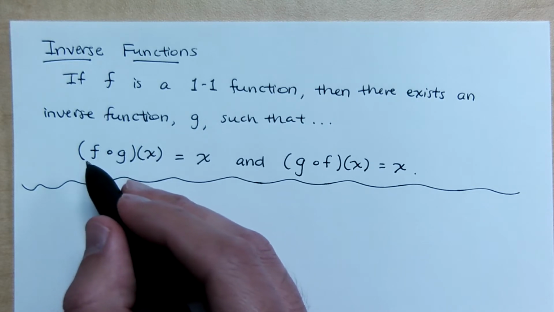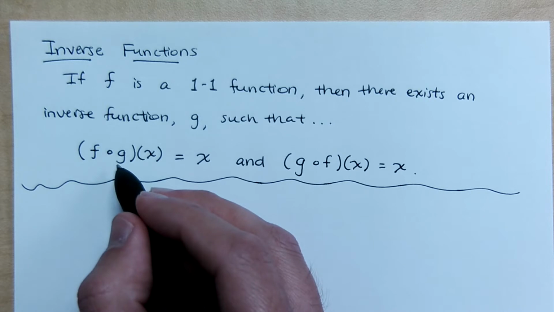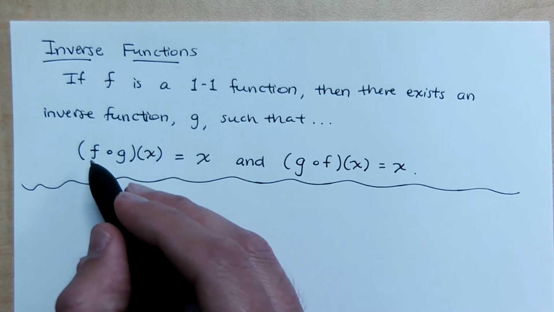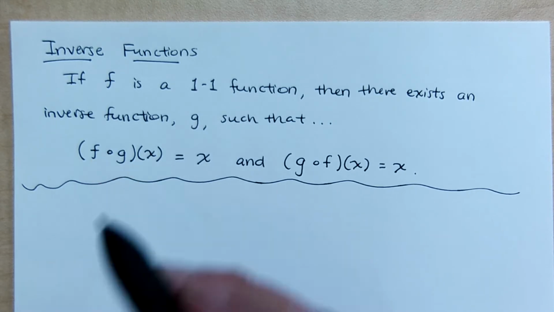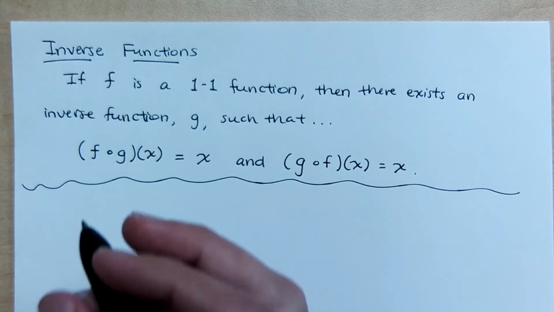How would you undo cubing? Well, not square root, cube root, right? If g always adds 5 to your input, how can f undo adding 5? Subtracting 5. So you'd see these inverse operations going on between a function and its inverse.